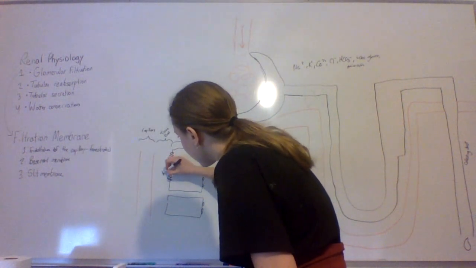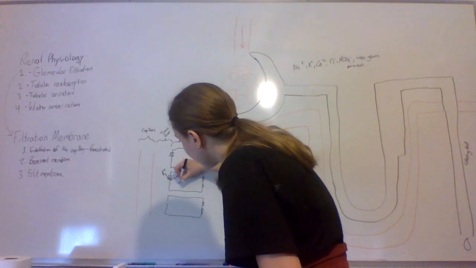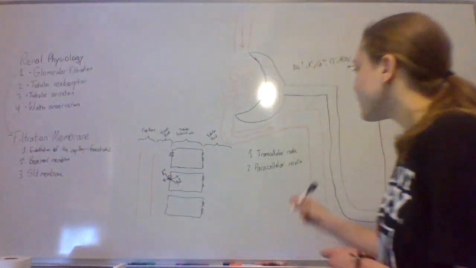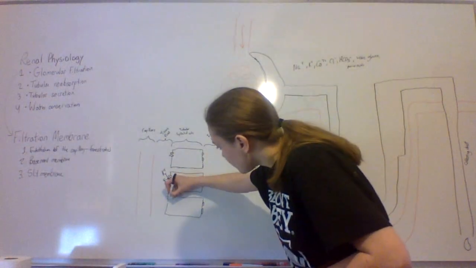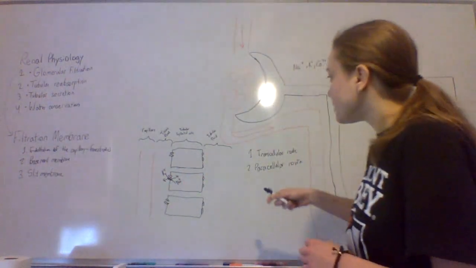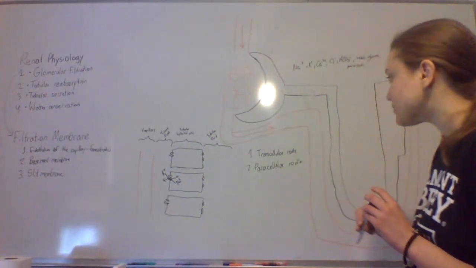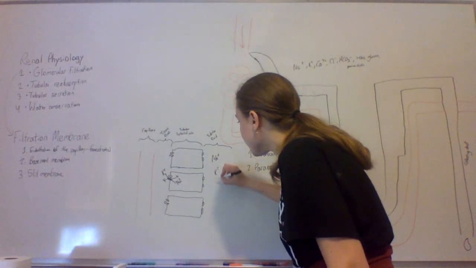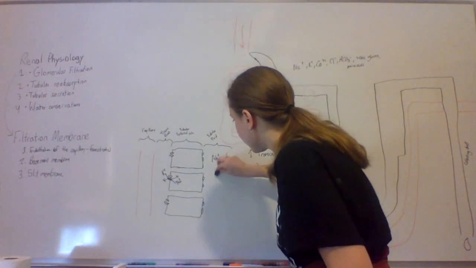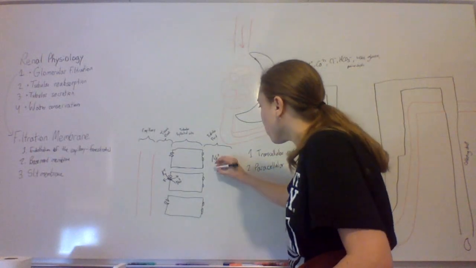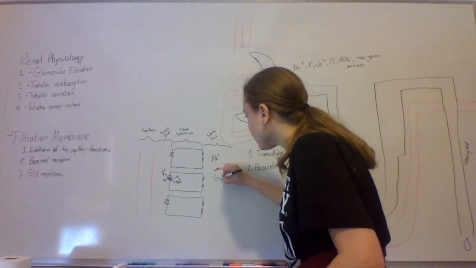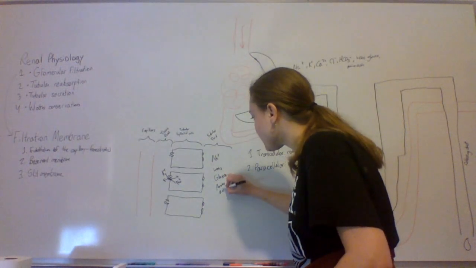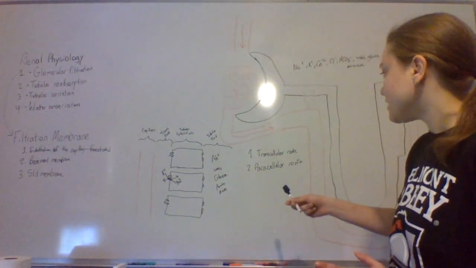They pump K plus in and Na plus out. So we have those in the tubular epithelial cells. So we have all this Na plus, K plus, and water, glucose, amino acids. We have all that fun stuff in the cells.